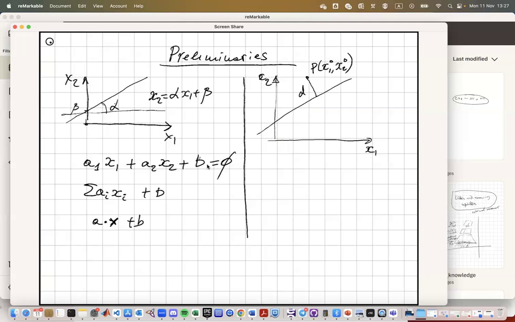Again, not going into the details, there are different ways to derive this distance.